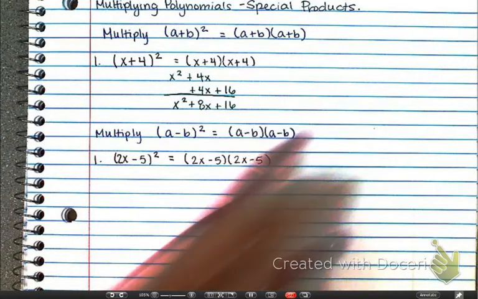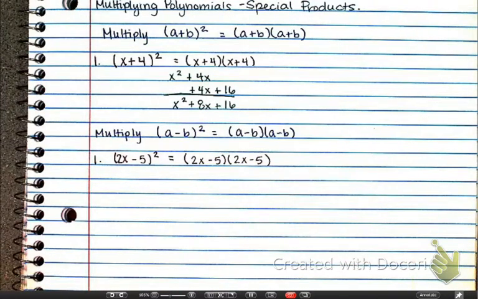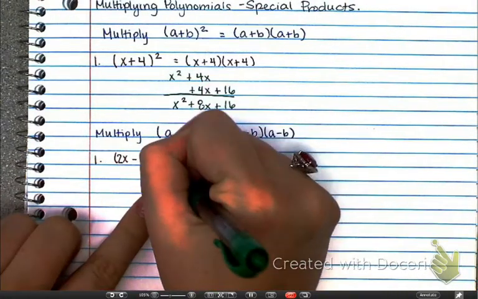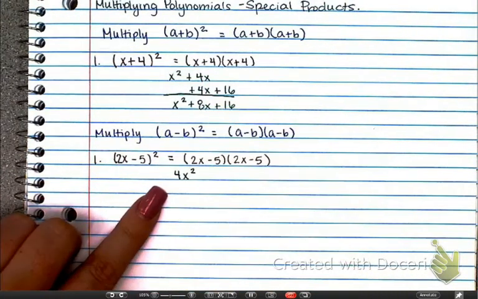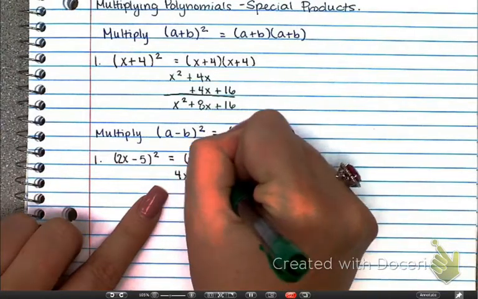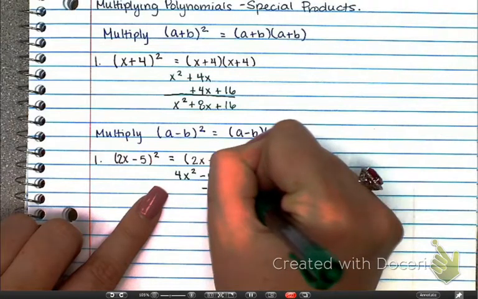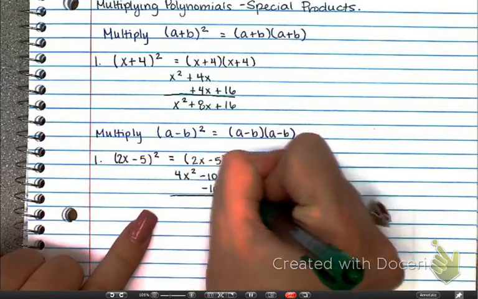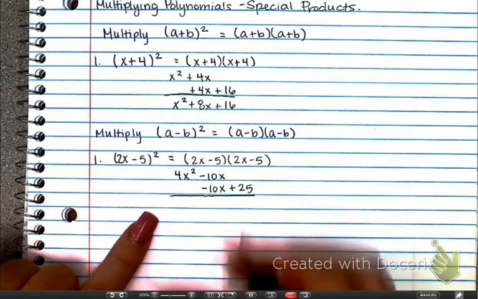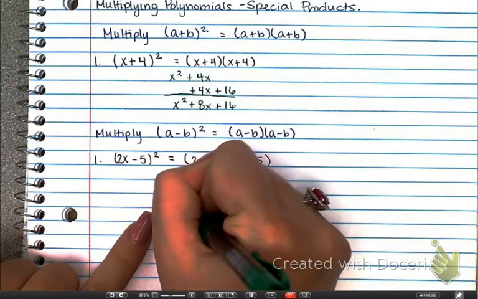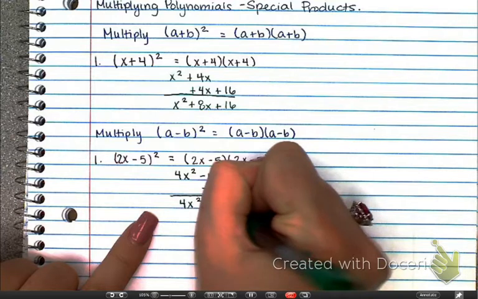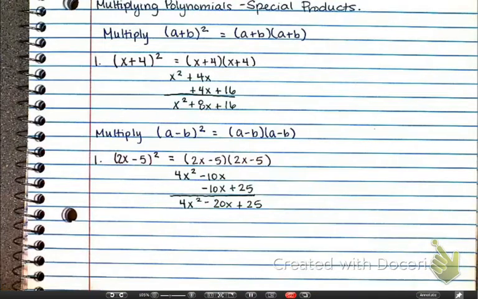And then you can apply distribution or the box to actually multiply it out. When you multiply 2x times 2x, you get 4x squared. 2x times negative 5 is negative 10x. Then negative 5 times 2x is negative 10x. And negative 5 times negative 5 is 25. So you should have gotten 4x squared minus 20x plus 25.